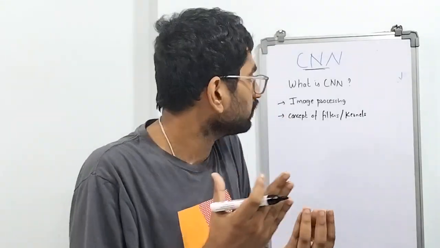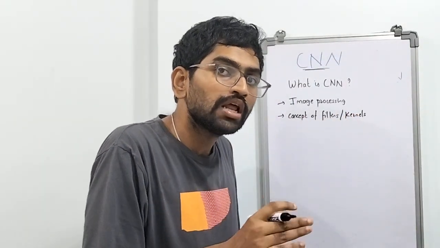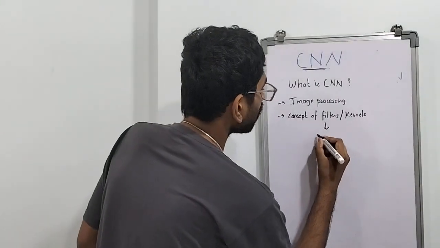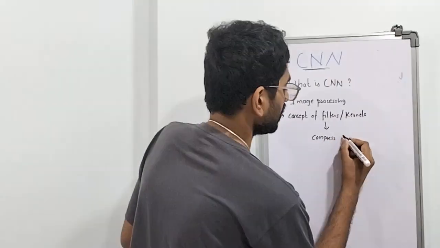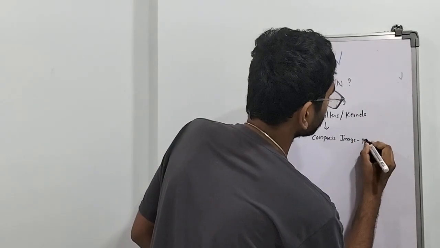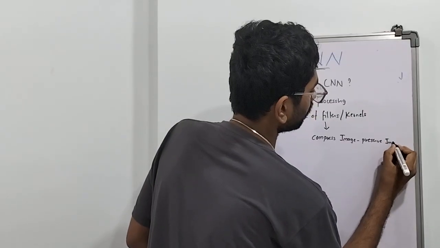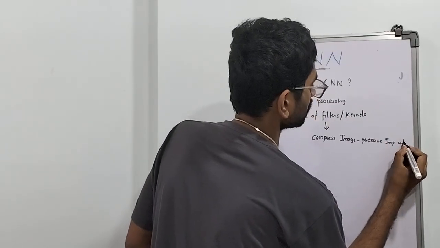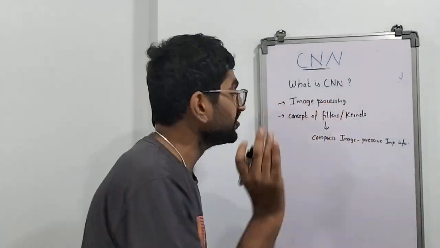To achieve that, we should use the concepts of filters and kernels. This is how CNN plays a very important role in dealing with images. So what is a filter? To compress the image, but at the same time preserve the important information. Okay, so this is the major objective of using the CNN.